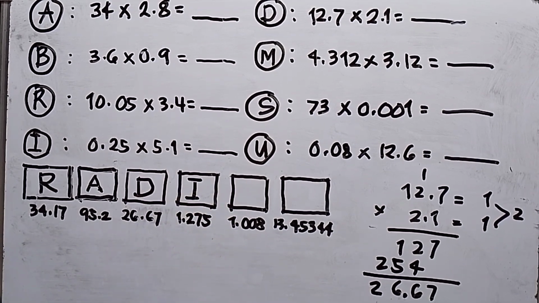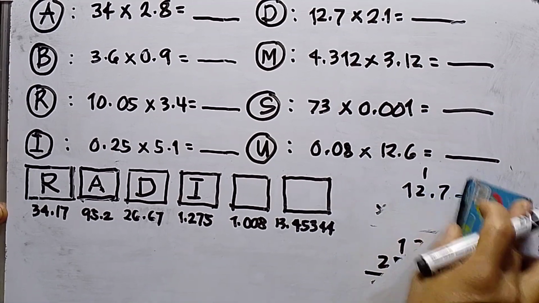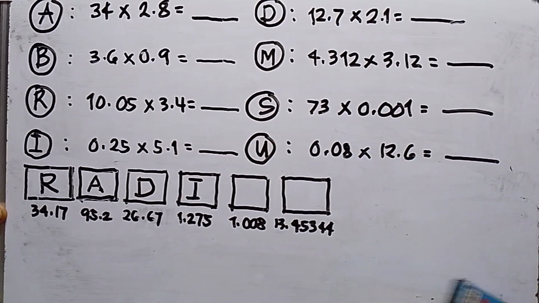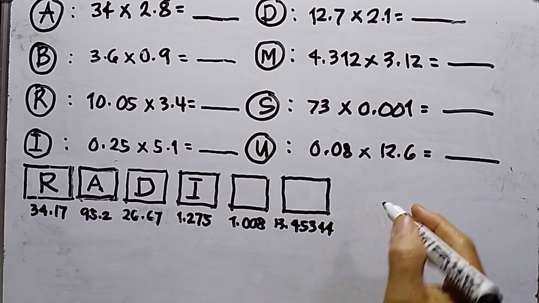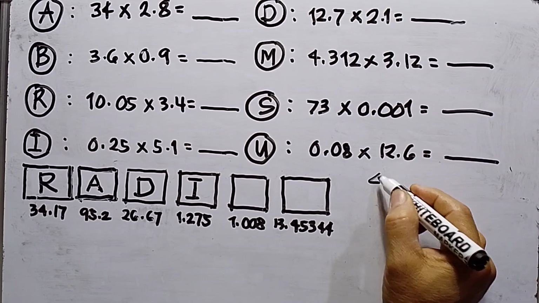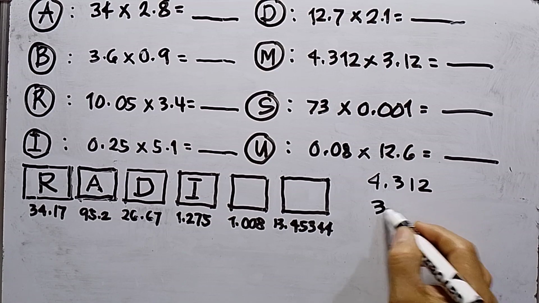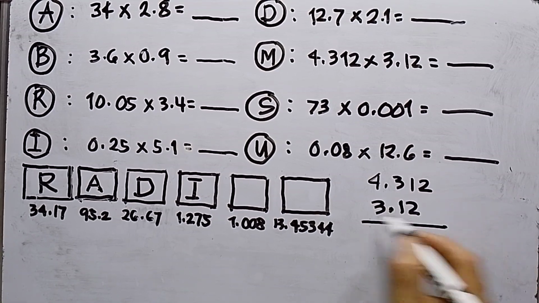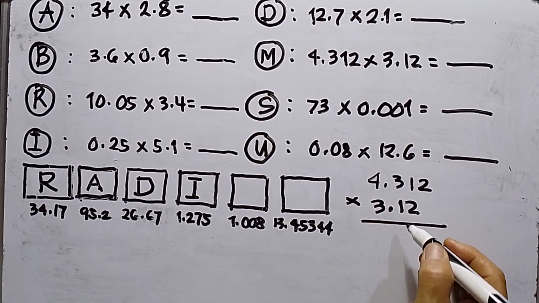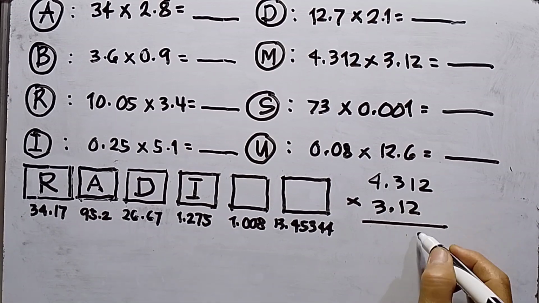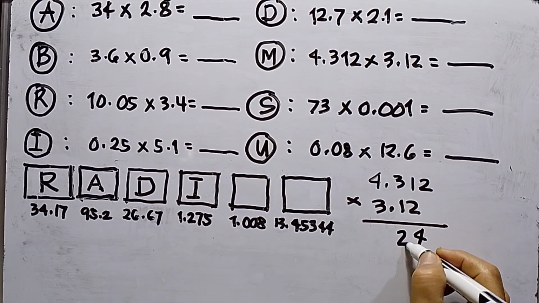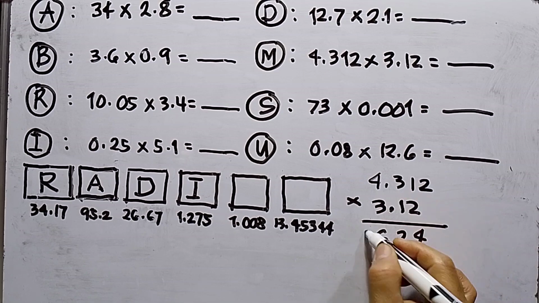Okay? So we have only 2 boxes left. So let's try letter M. Letter M factors are 4.312 and 3.12. This is multiplication. So this is 4. This is 2, 6, 8.